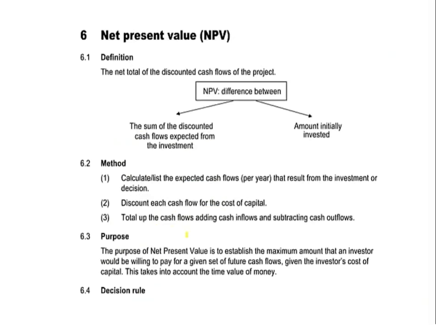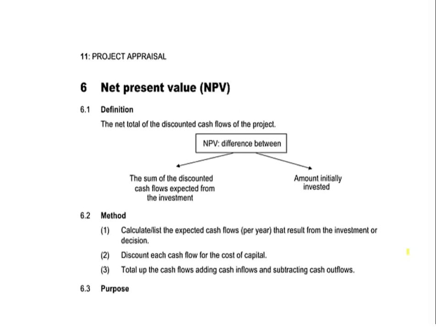Given all that we've said about the time value of money being important, net present value is an important investment appraisal technique because it discounts all of the cash flows and looks at the difference between the amount that we've invested and the discounted cash inflows expected, and it leaves us with a net difference, which is the net present value.